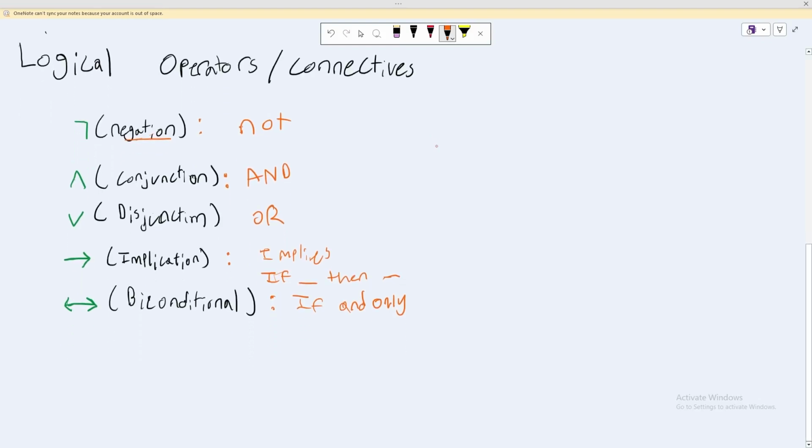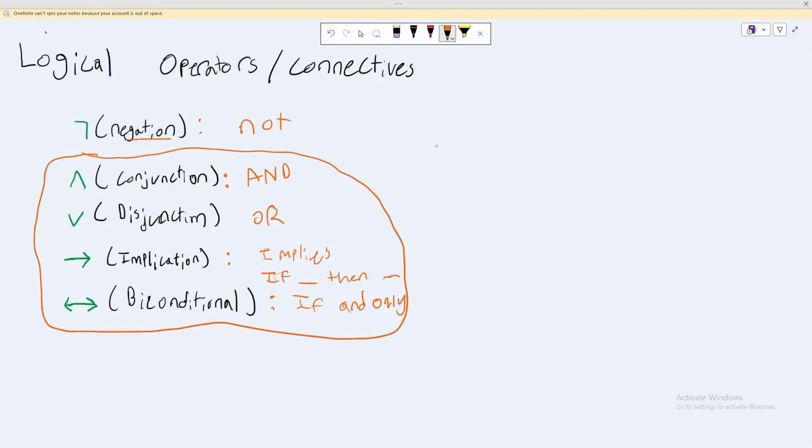So for all of these, you would need at least 2 statements or propositions. Like the first statement here, then the conjunction, and then your second one. You could do this with the disjunction, which is or, implies, or this. It's basically a way of joining 2 propositions.